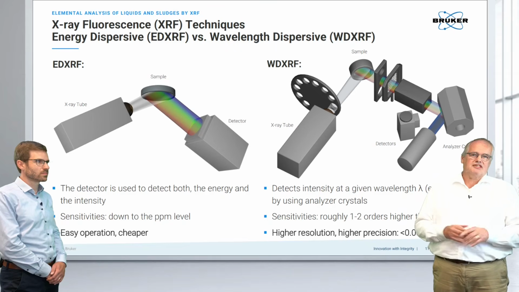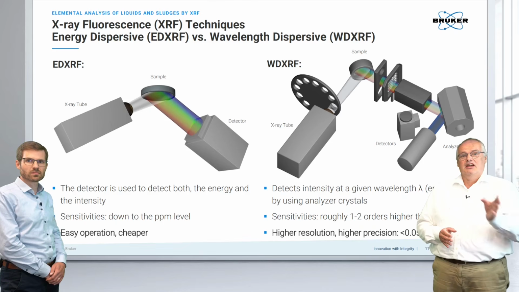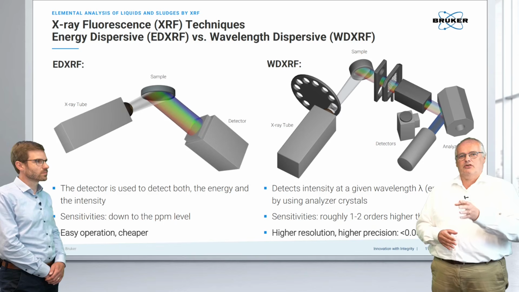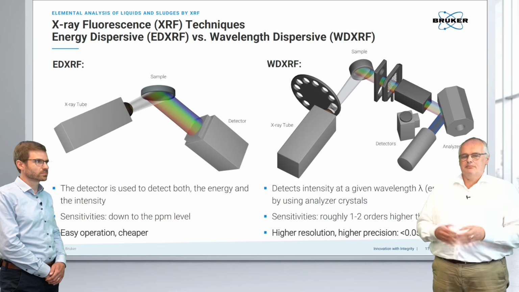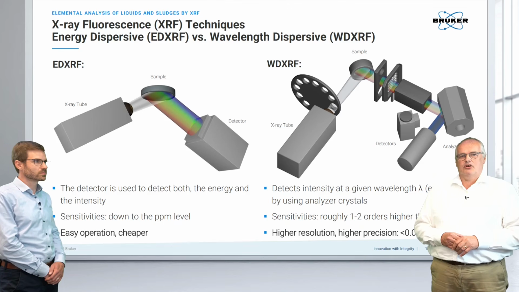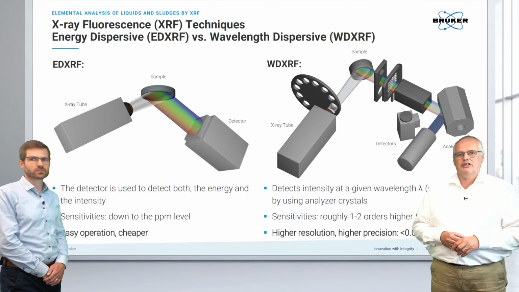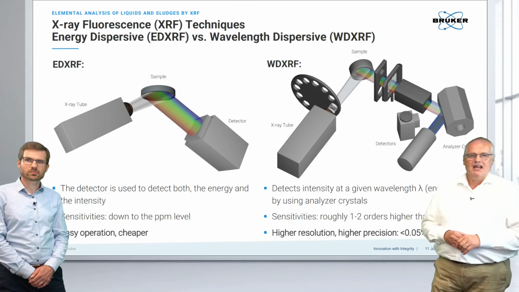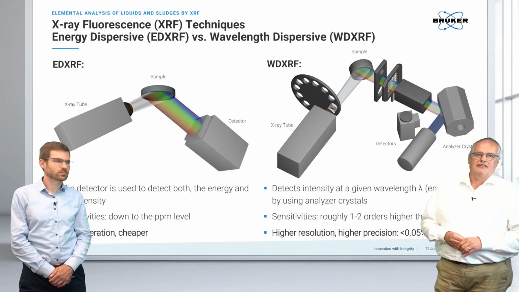And the detector is a pretty cool electronic device because it can, on the one hand, separate the different energies and record the intensity for each energy. So it's a very simple setup, a simple operation, and it's often used in monitoring or whenever requirements are not so critical.